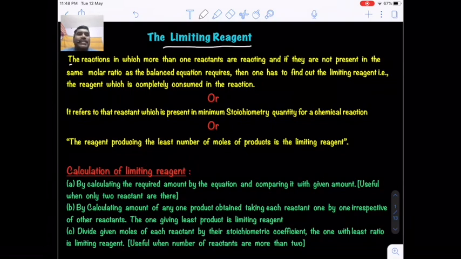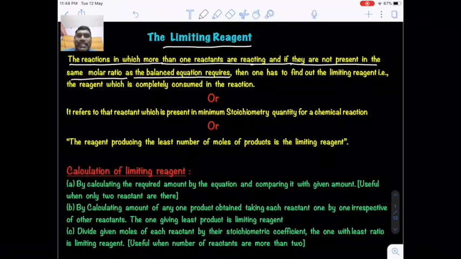In a reaction in which more than one reactant is reacting, if they are not present in the same molar ratio as the balanced equation requires, then how to find the limiting reagent?